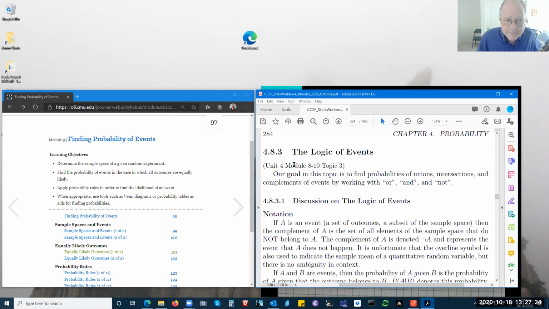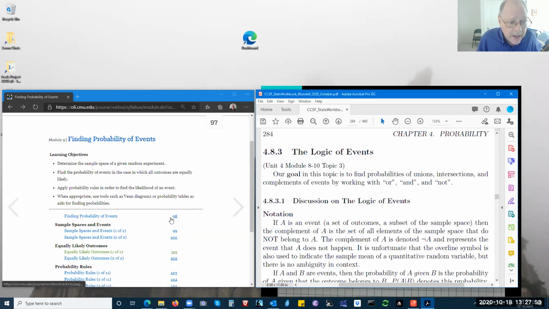So topic 2 needs to be done before you do topic 3. Topic 2 in the workbook was just introducing probability models, and that would be on pages like 98 through 102 in the textbook.